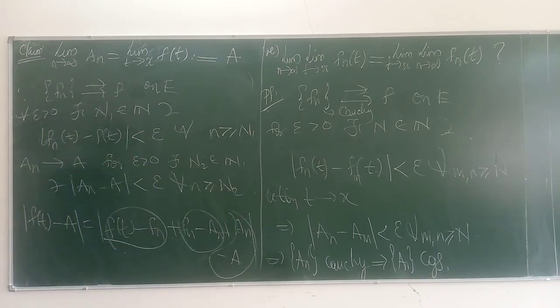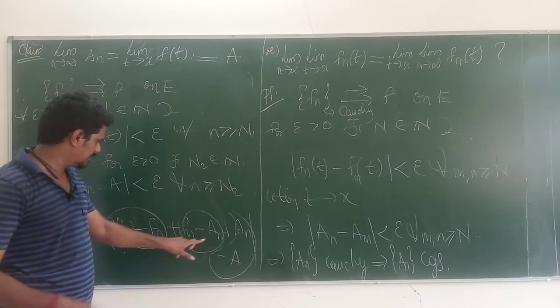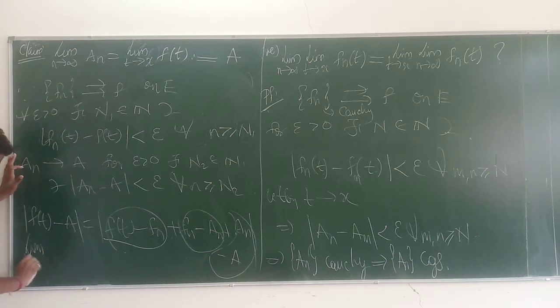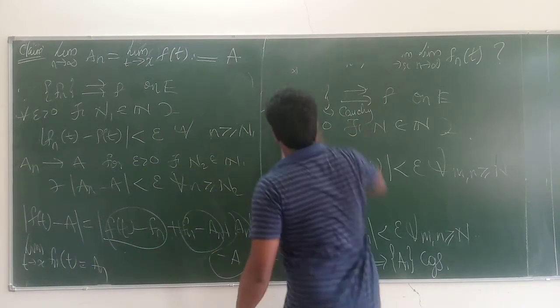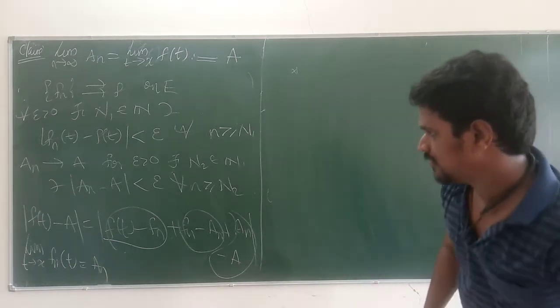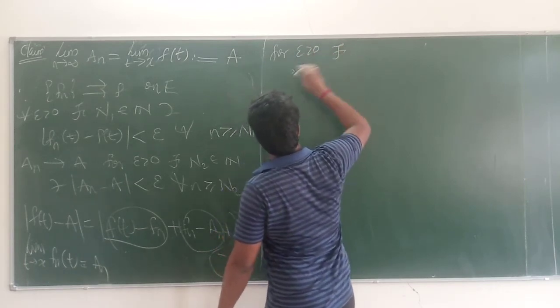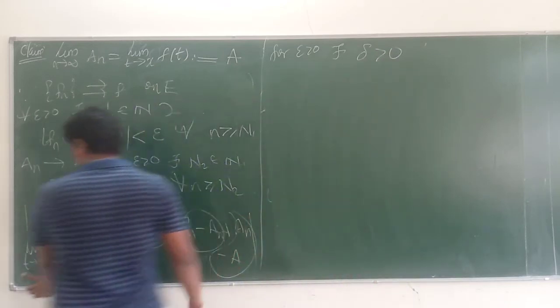Okay. Third term is fn minus a, but here n is fixed. Something else is varying. So what is that? We know that limit t goes to x of fn of t is an. So here the limit is t goes to x. For epsilon greater than 0, there is a delta, because here t goes to x, not n goes to infinity.